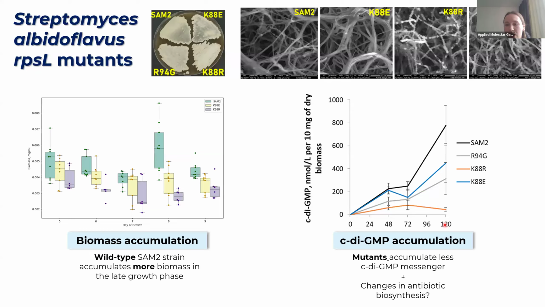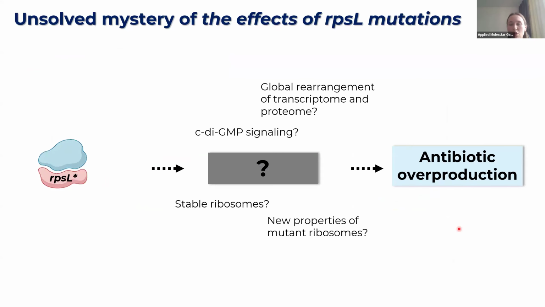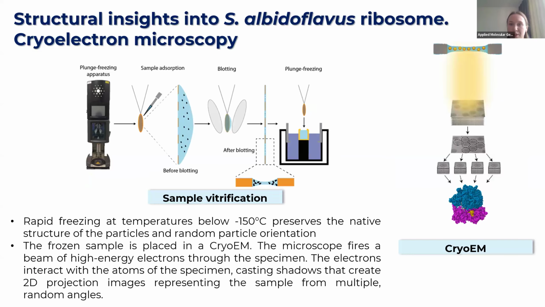And this is the first evidence of such RPSL mutation effects, but it's still unclear why and how it happens. So we have a black box, a mechanism by which RPSL mutation acts as antibiotic production enhancer. There are some hypotheses, but all of them can only partly explain our situation. Therefore, we try to solve this mystery by means of modern techniques.